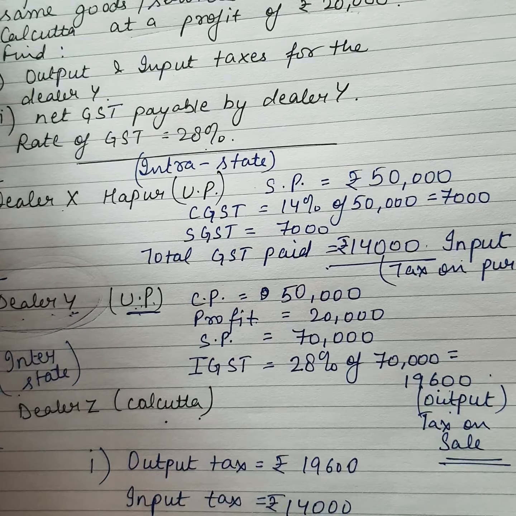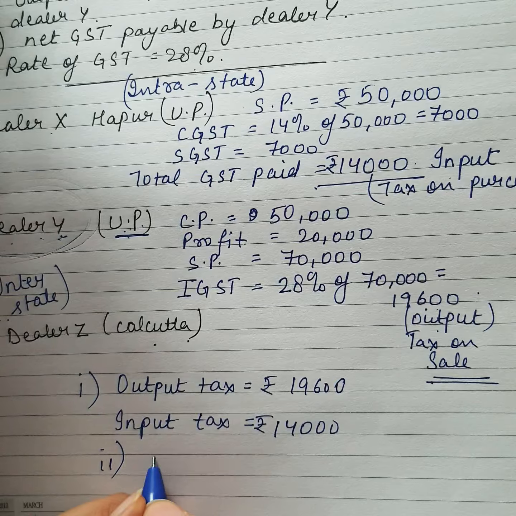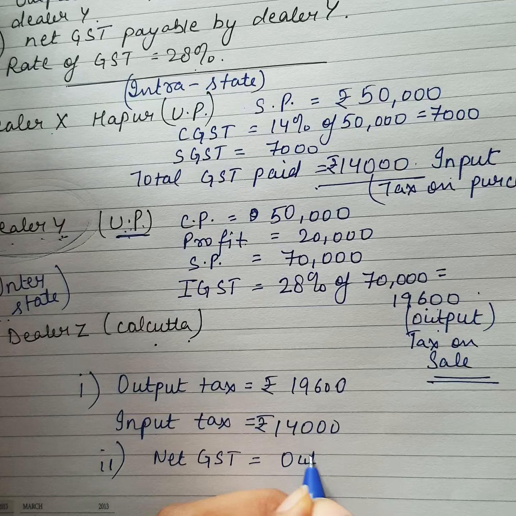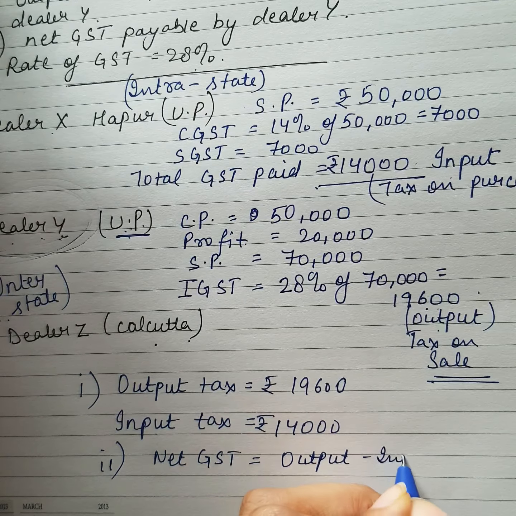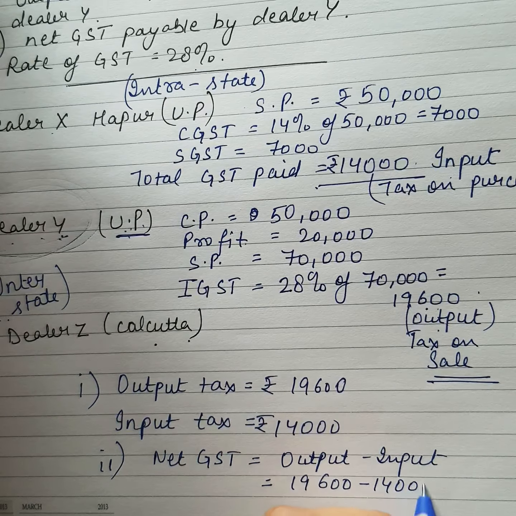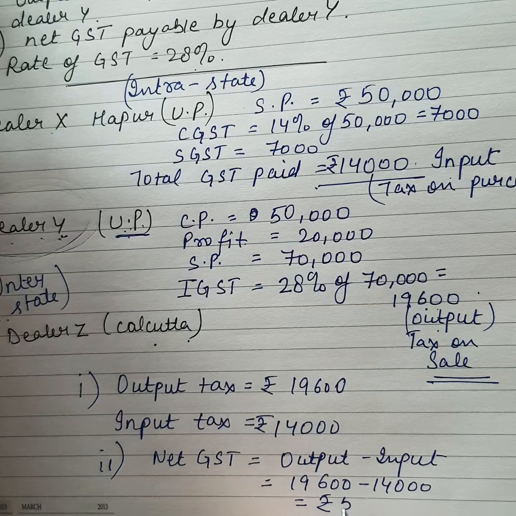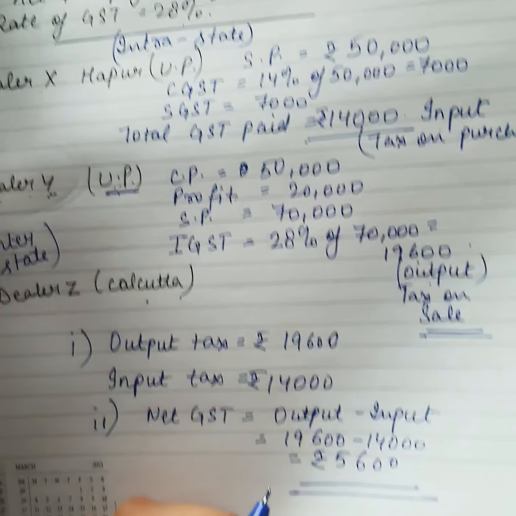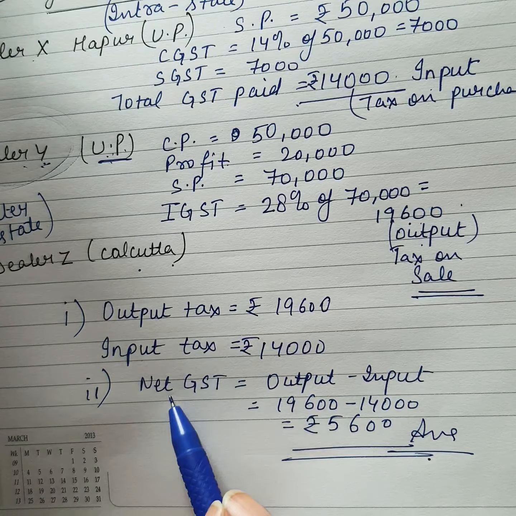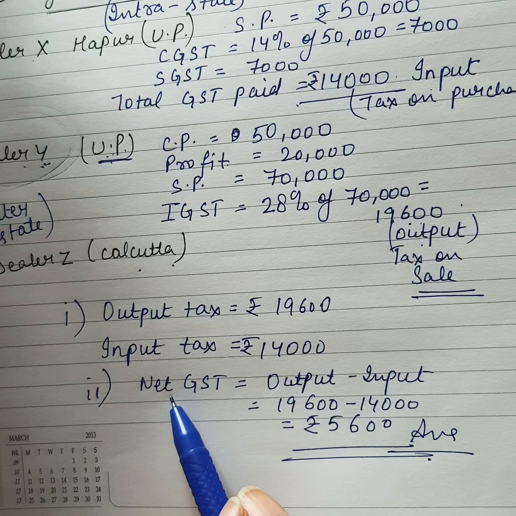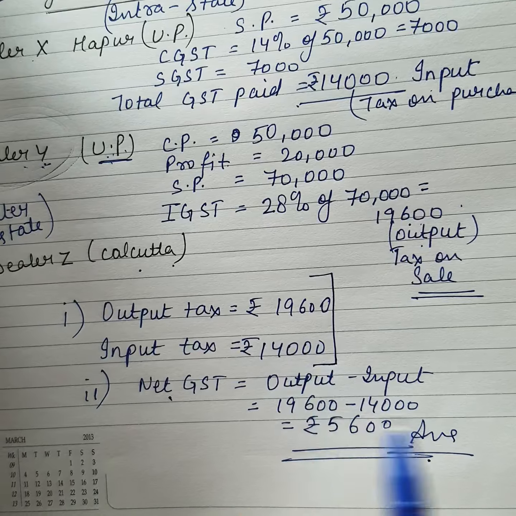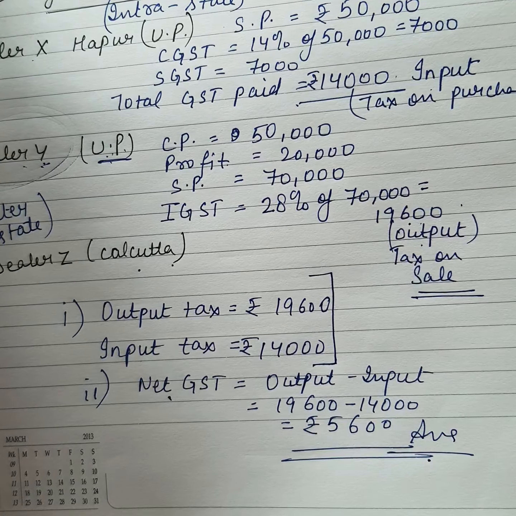Then second part, net GST payable. So directly we can find net GST from output minus input. So 19,600 minus 14,000 is equal to rupees 5,600. This is the answer. Suppose in this particular question, if you go for net GST as GST on profit, in that case you won't be able to classify the output and input tax. So you have to go for all this procedure.